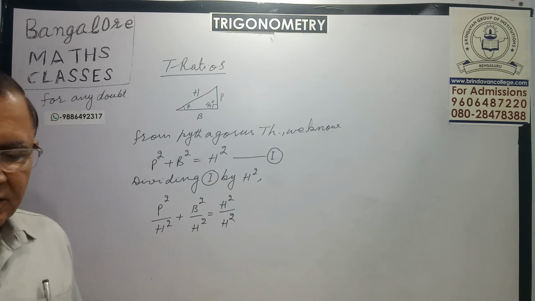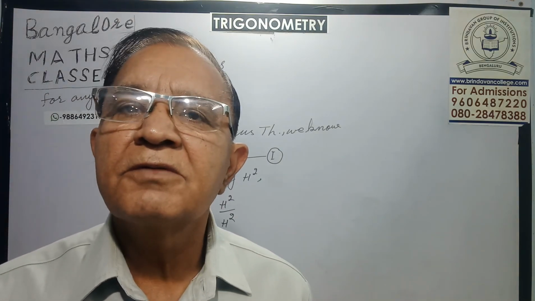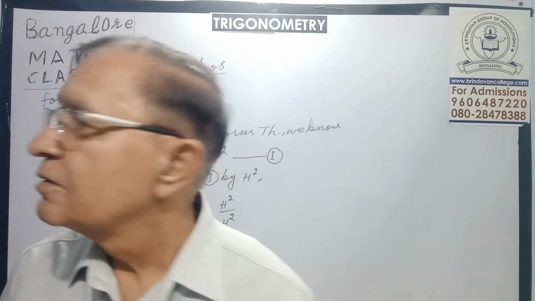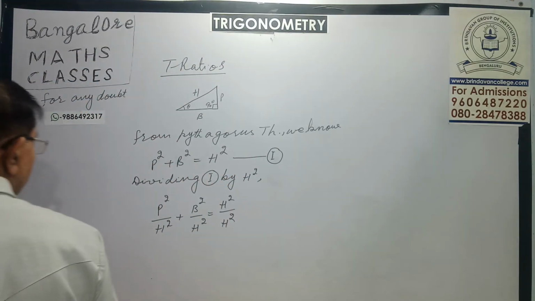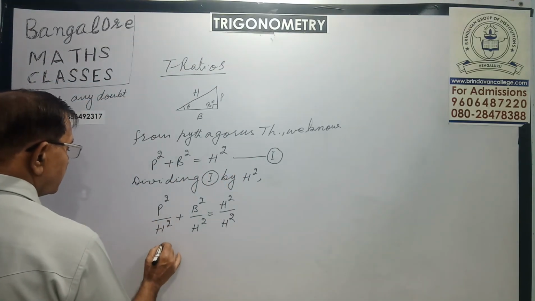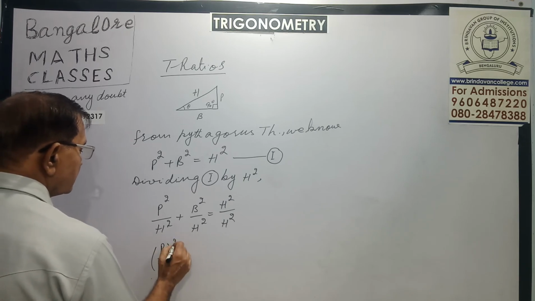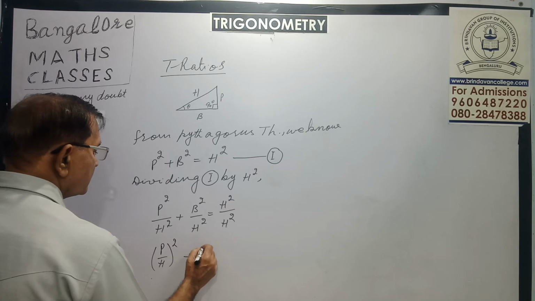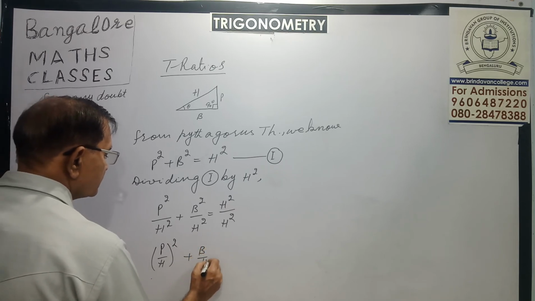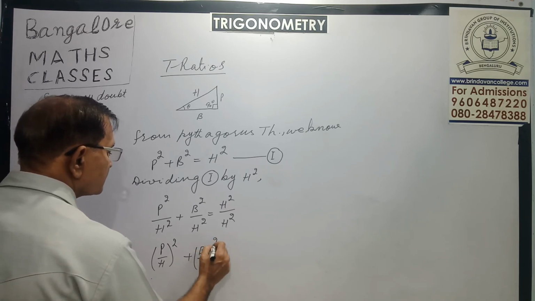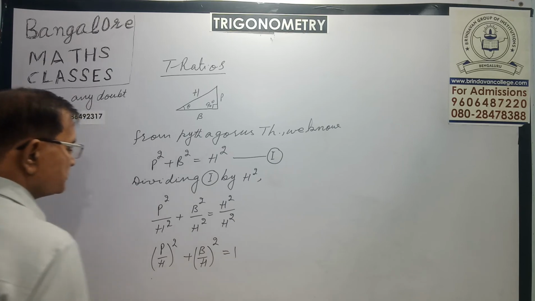I can put it as P by H whole square plus B by H whole square equals 1.